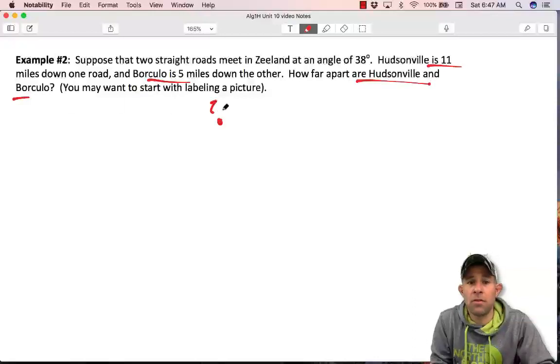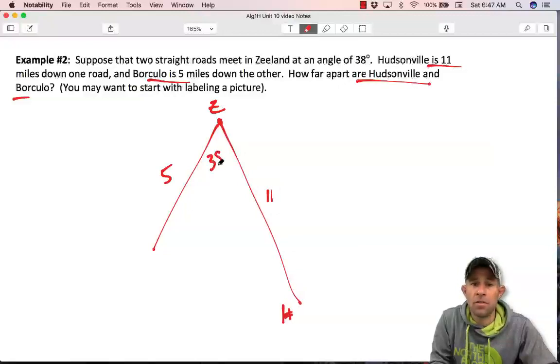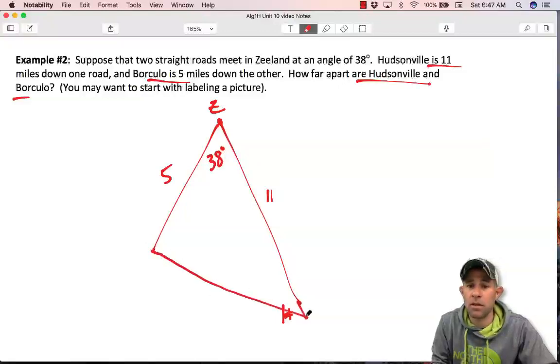So I'm going to start with my drawing here, Zeeland, and I'm going to come 5 miles to Borculo, 11 miles to Hudsonville, and there's Hudsonville. And this is a 38-degree angle. I want to know the distance between these two, Hudsonville and Borculo. So what is BH?